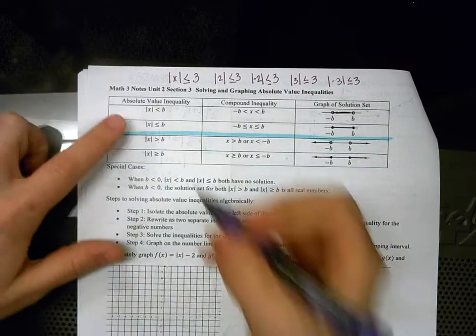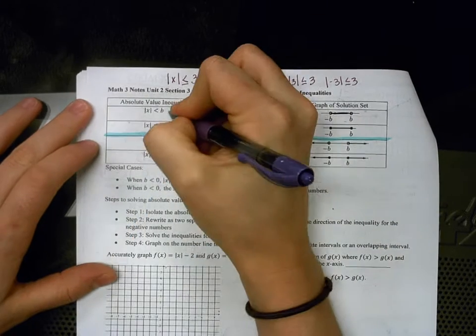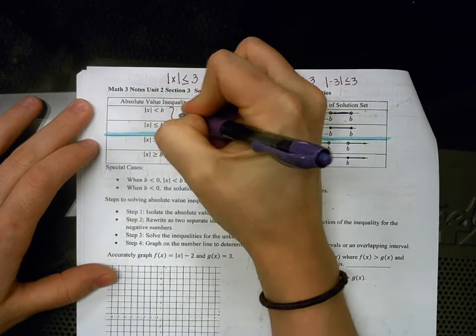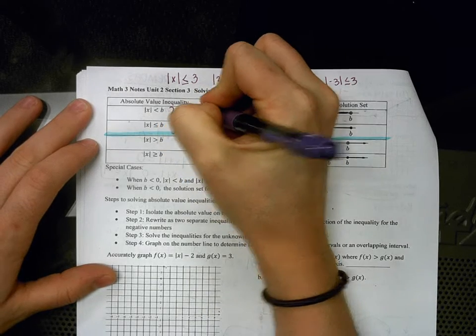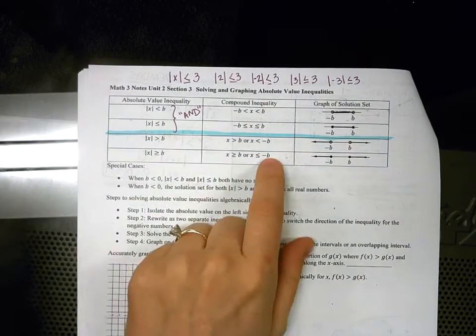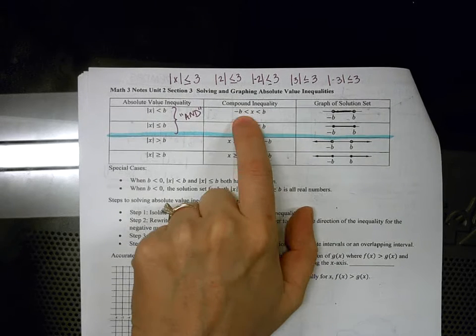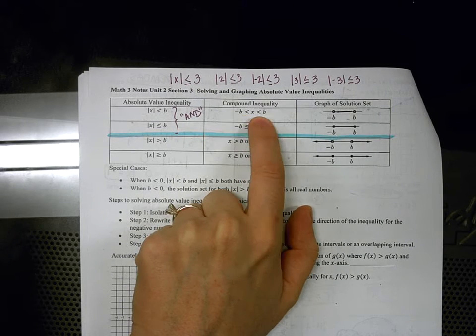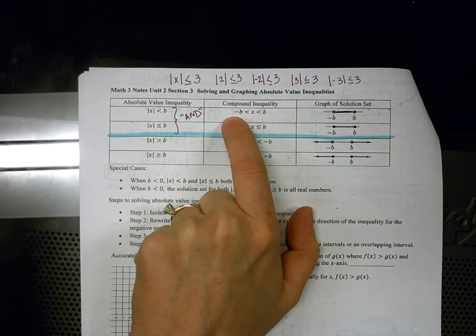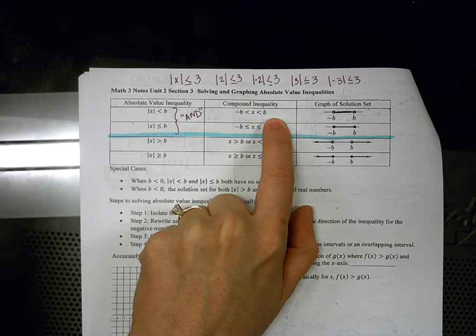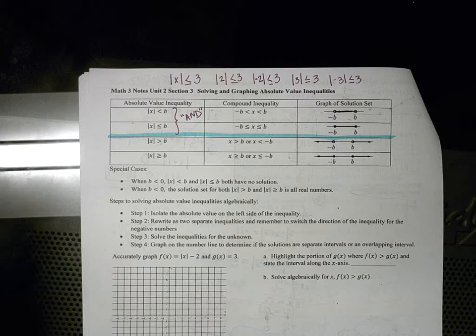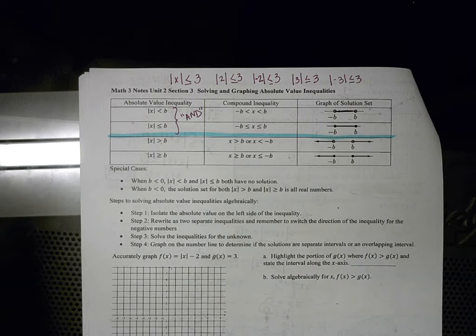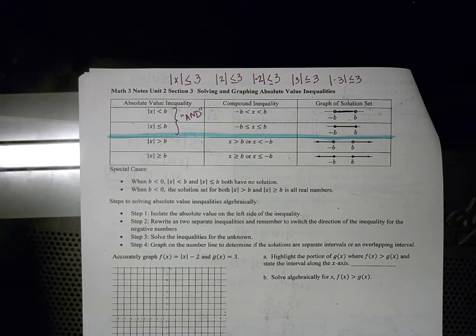So whenever you see a less than symbol, I want you to think and. So x is between -b and +b.